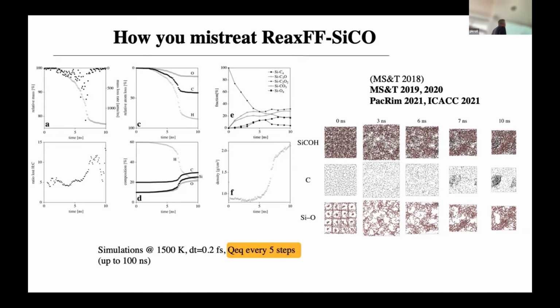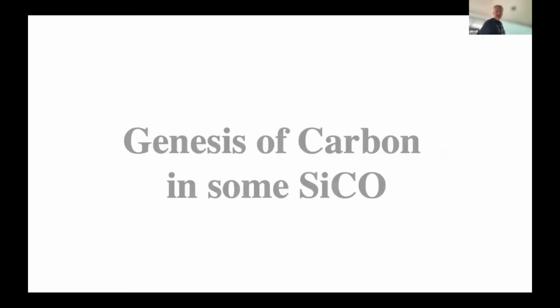This refers to the charge equilibration procedure in this ReaxFF force field that is done every 5 steps, meaning if you have a time step of 0.2 femtoseconds, the charge is only equilibrated every nanosecond. And that's just not good. How can you make it better?